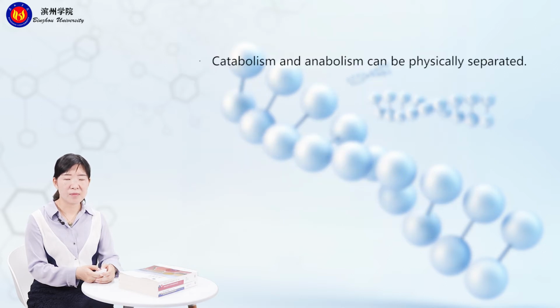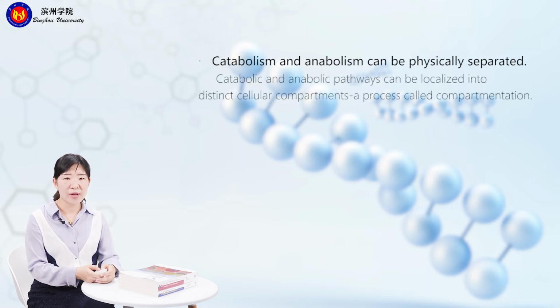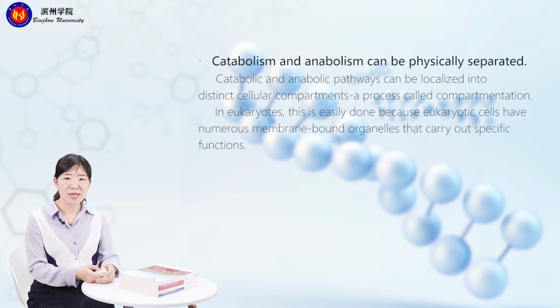The fifth, catabolism and anabolism can be physically separated. Catabolic and anabolic pathways can be localized into distinct cellular compartments, a process called compartmentation. In eukaryotes, this is easily done because eukaryotic cells have numerous membrane-bound organelles that carry out specific functions.